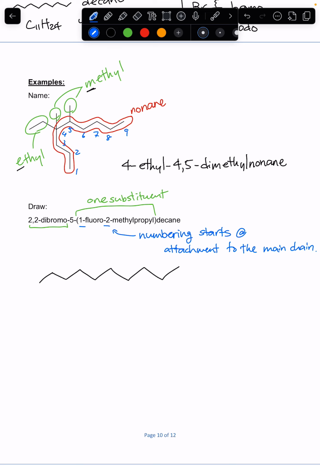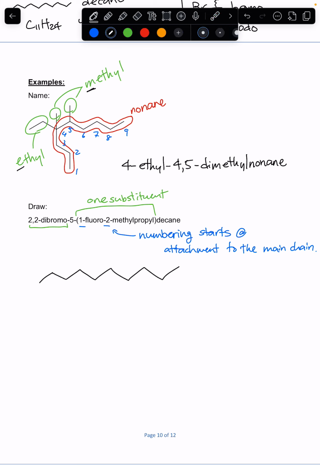So this just means the fluoro group is on the same carbon that's attached to the main chain, and the methyl group is on the second carbon away from the attachment. That's what that means. Okay, all right, let's just put all this together.